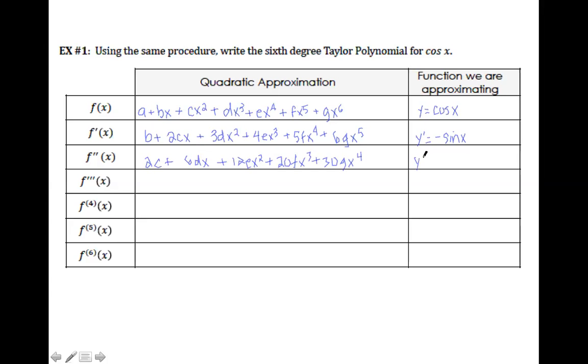All right, derivative of negative sine is negative cosine. Derivative of 2c, c is a constant, so that goes away. So we now have 6d plus 24ex. And remember, those letters like e and f and so forth are just constants.